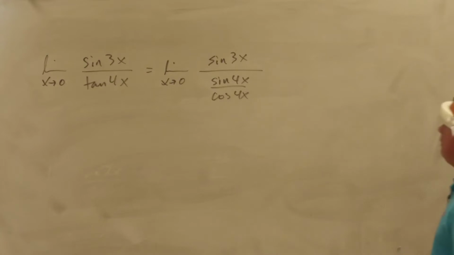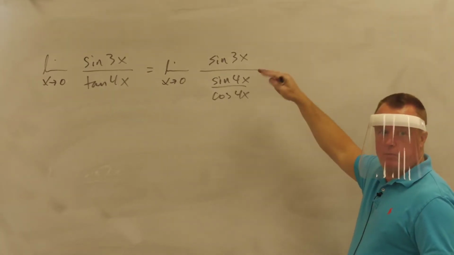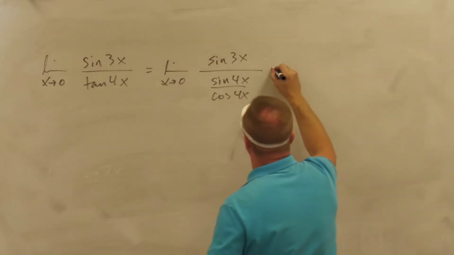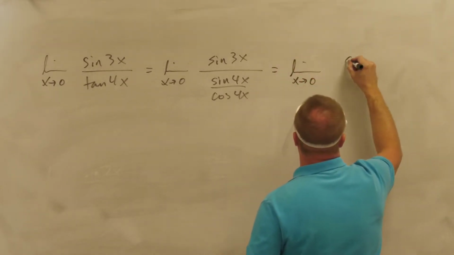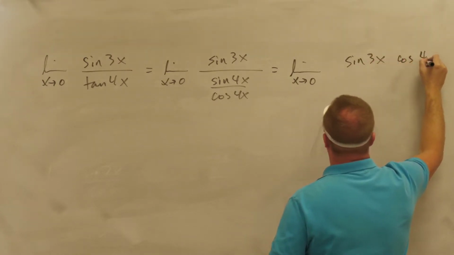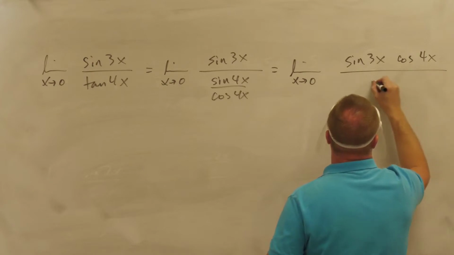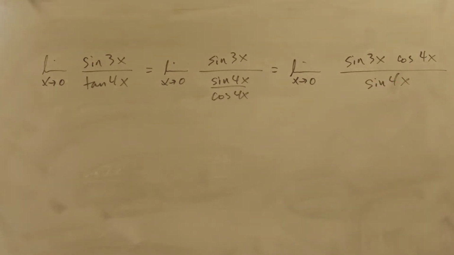Now if I'm dividing fractions here, if I multiply and flip the bottom, I get the limit as x approaches 0 of sine 3x times cosine 4x over sine 4x.